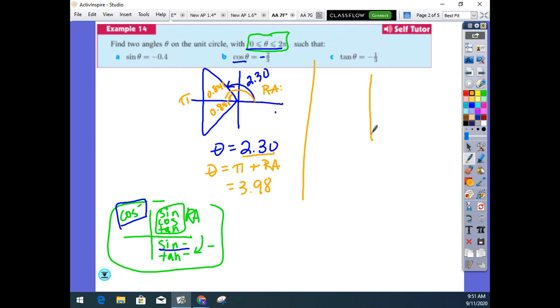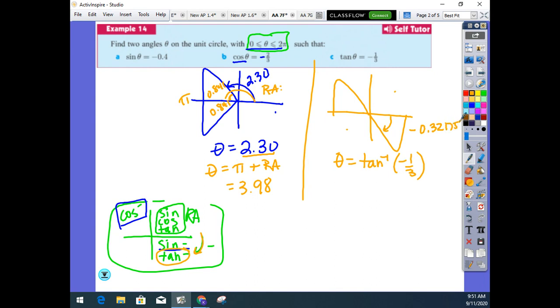All right, finally, tangent. Tangent's positive in the first and the third, so it's negative in the second and fourth. Okay, so first I'm going to find tangent inverse of negative 1/3. Now remember, tangent negative is going backwards into the fourth, so when you do tan inverse of negative 1/3, this angle going backwards is negative 0.321.